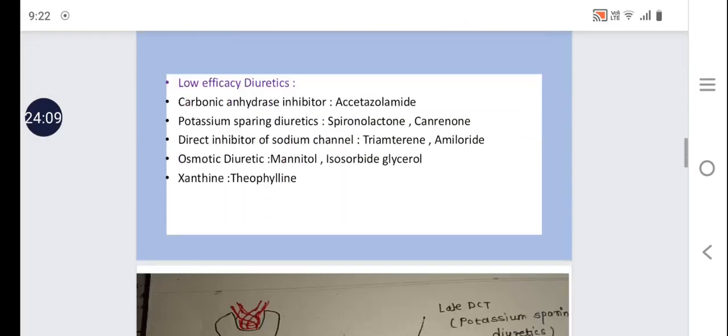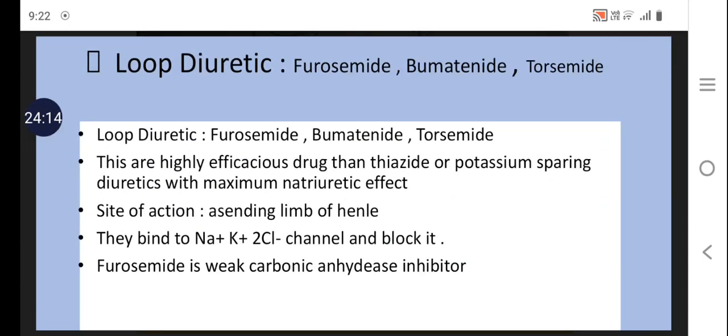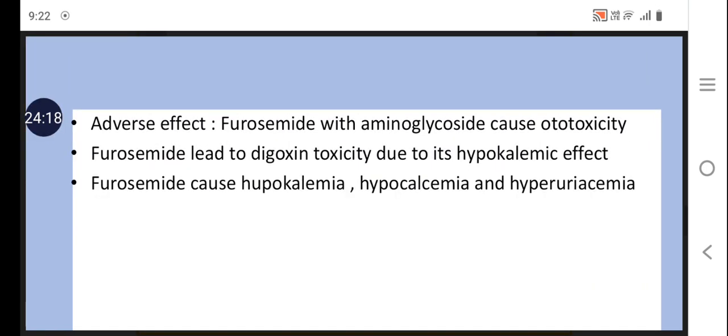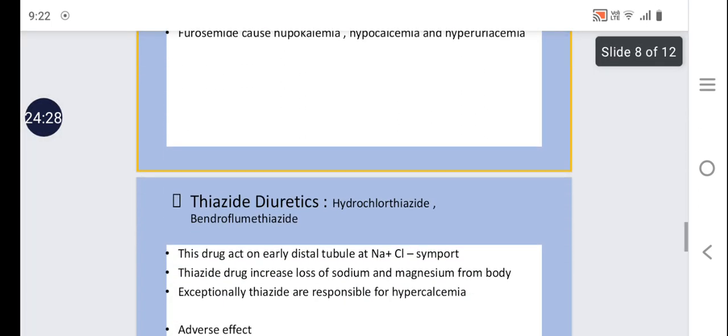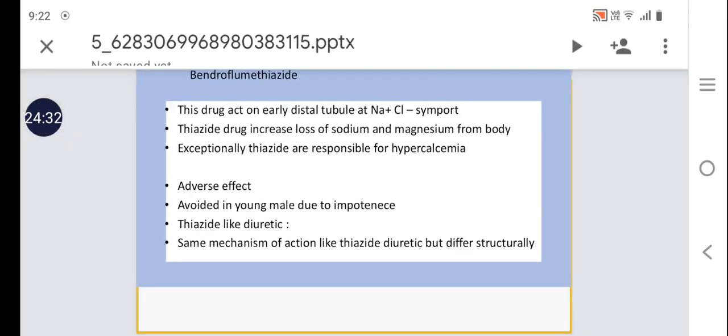their drug-drug interactions are also important, especially in the case of loop diuretics, which when given with an aminoglycoside category drug cause ototoxicity. Then they are responsible for hyperuricemia, so they are contraindicated in patients with gout. And thiazide diuretics are also responsible for impotence in males.